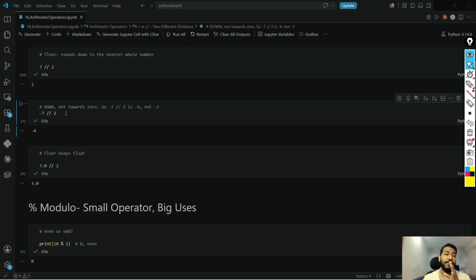For that, we have to follow the left direction only. So by following this floor division, we are getting -3.5, and as an output it reaches the next whole number, which will be -4, not -2. I hope the explanation is pretty much clear.